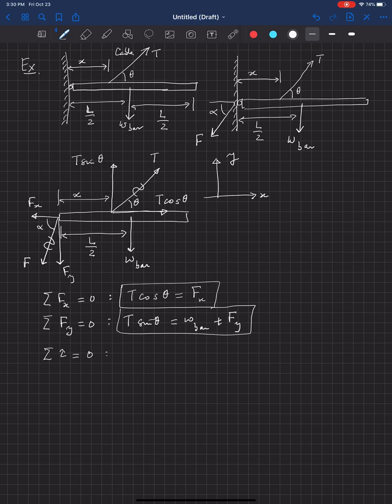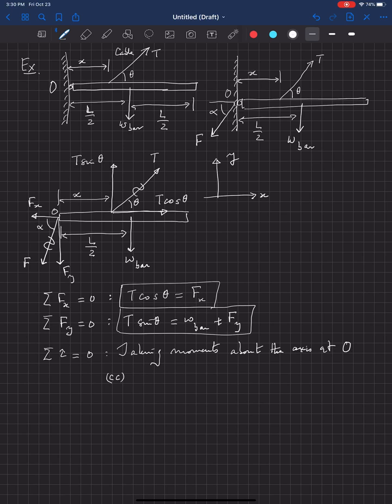So again, one must first define the axis, taking moments about the axis at O. This point is O. All right, and so let's do the counterclockwise first.